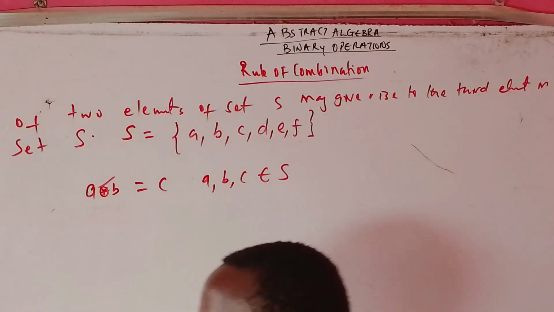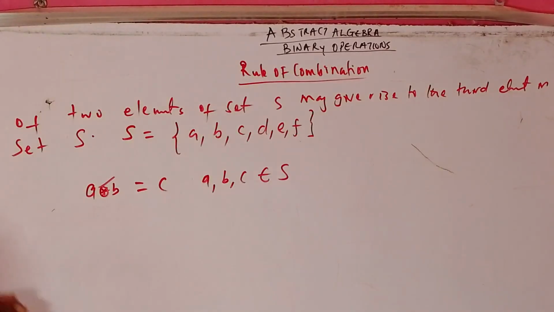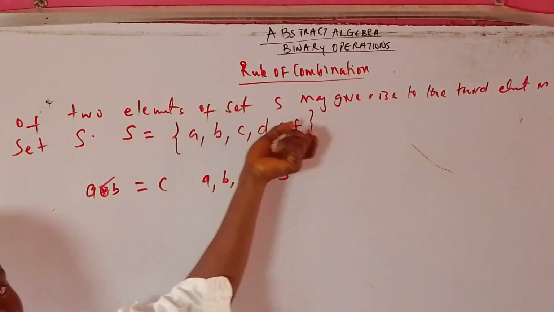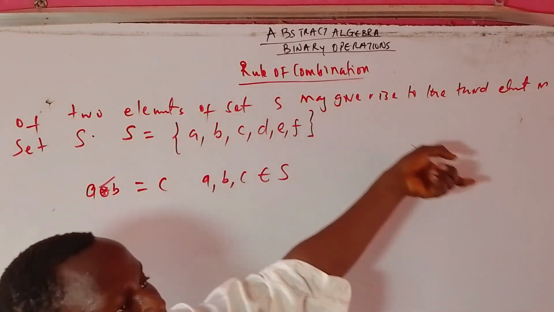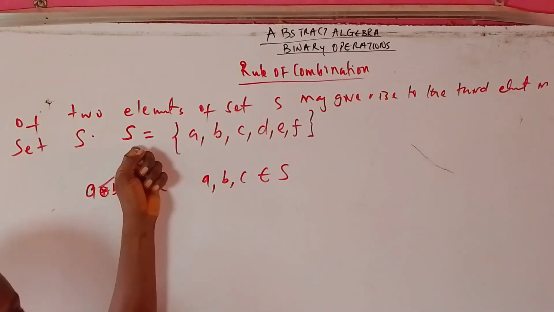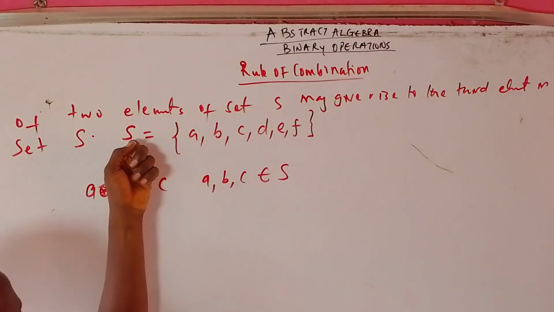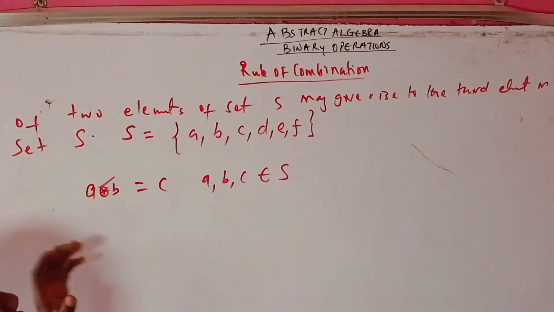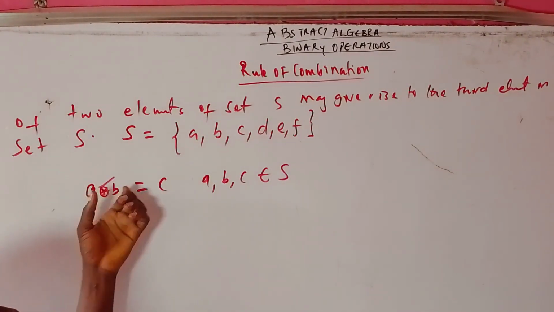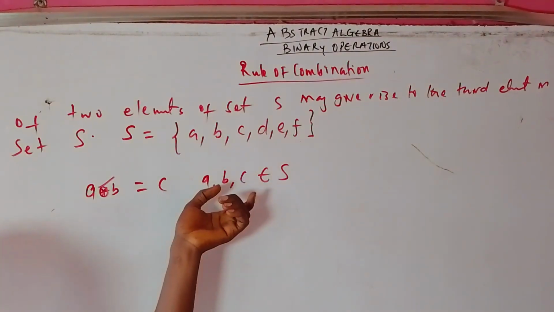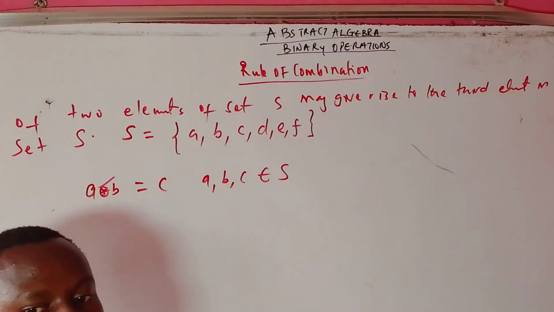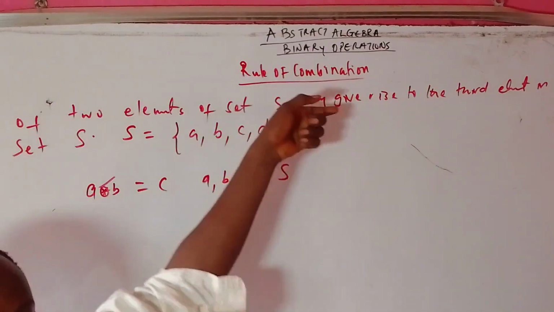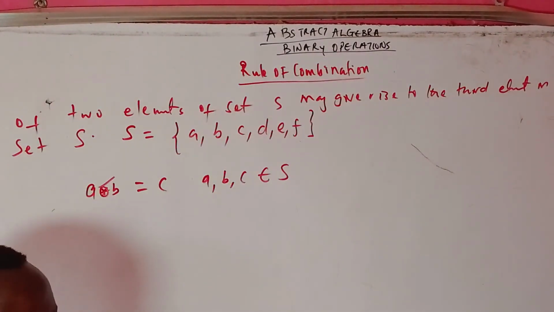And take note, there will be some times that if you combine two elements in a given set, the third element will not be a member of set S. So now we are going to observe the rule that combines two elements in a given set together to give rise to that third element, which is called the binary operation.